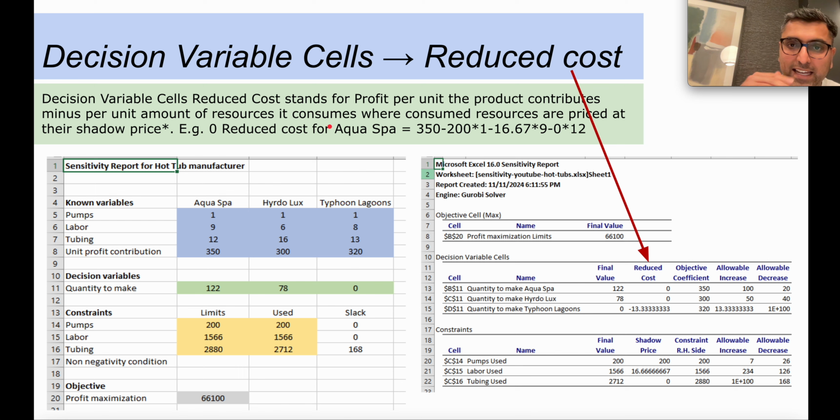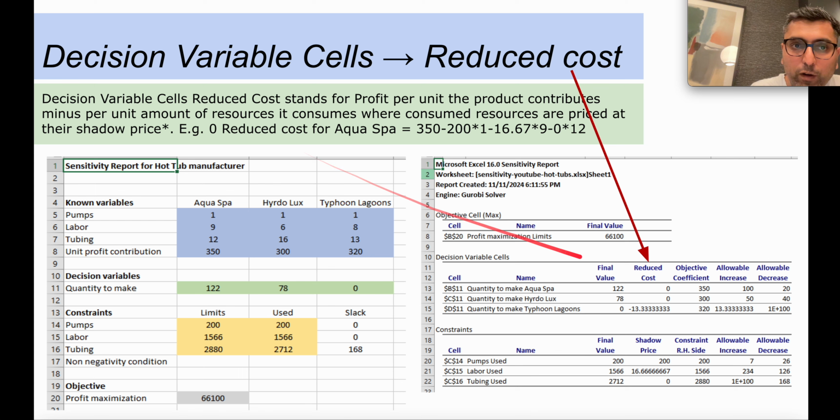So think about it as net addition. For every product, it's the profit minus the resources that went into producing that profit. That's what this reduced cost is.